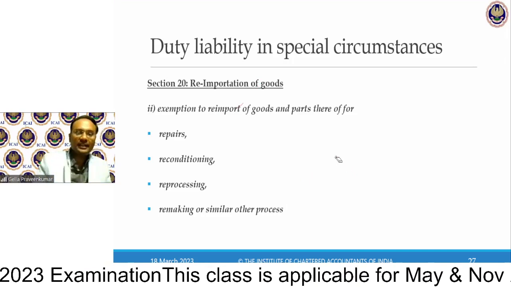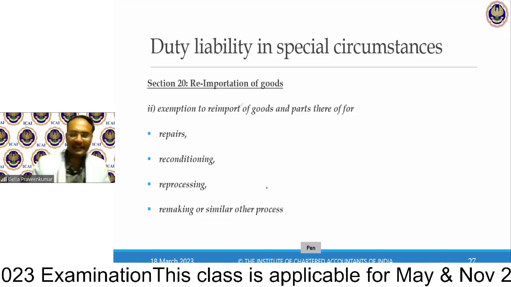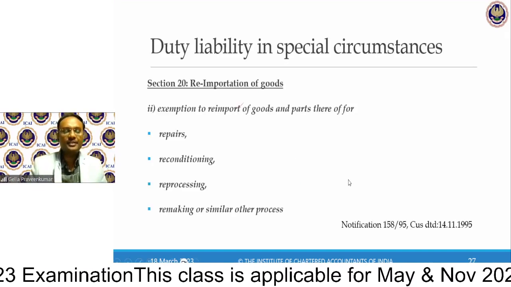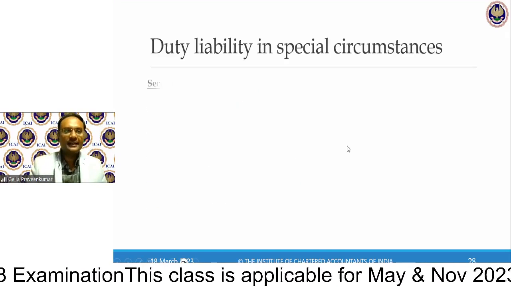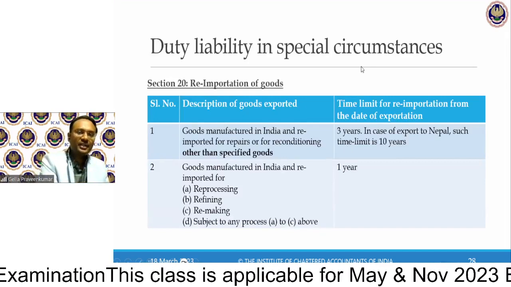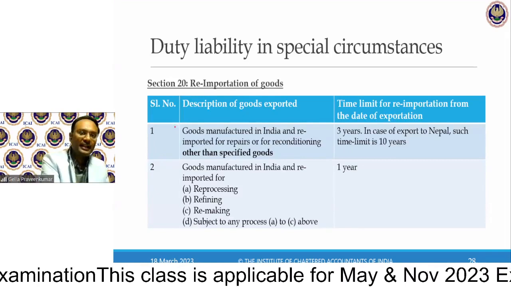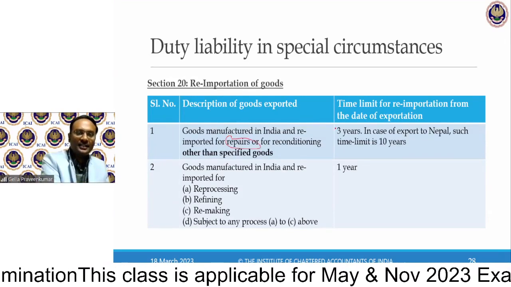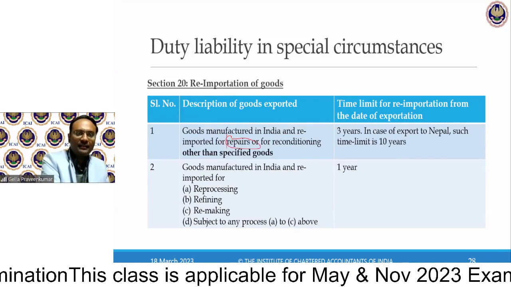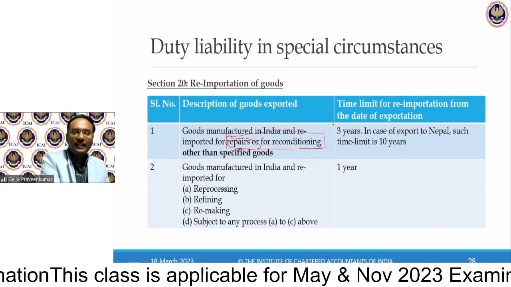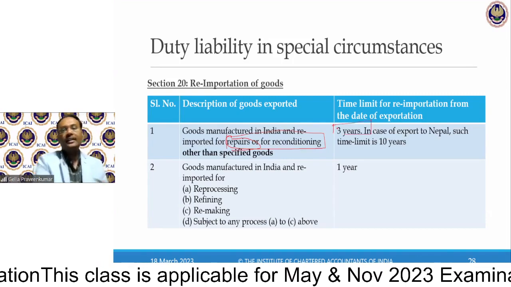So what is the benefit under this notification? Let us see that. Here, there is a notification reference to 158, which says that in case of goods manufactured and re-imported for repair purpose or reconditioning, repair and reconditioning both were brought under one bracket, where 3 years is the time limit for re-importation.